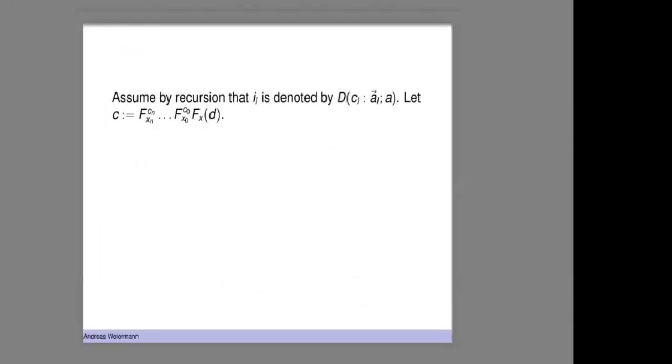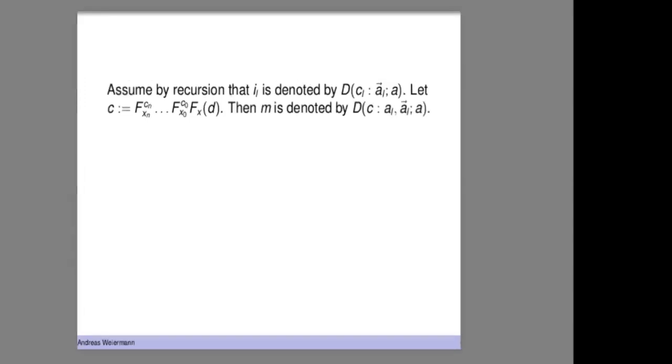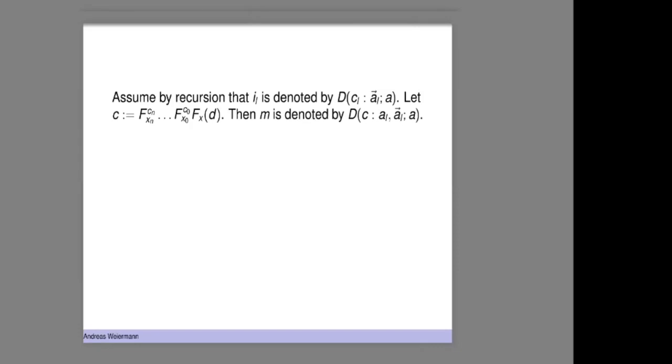In the following way, namely c is f to the cn. cn is already a denotation, and then I replace an by variable xn, and I go further and further, and then I have f to the c0 index x0 of f_{xd}. That's a formal term where the parameters a are removed, and the number m is denoted by the expression where I have the term c and the parameters al and a. And that's a unique denotation.